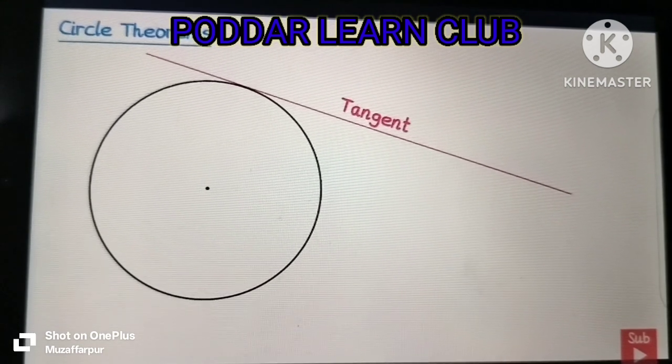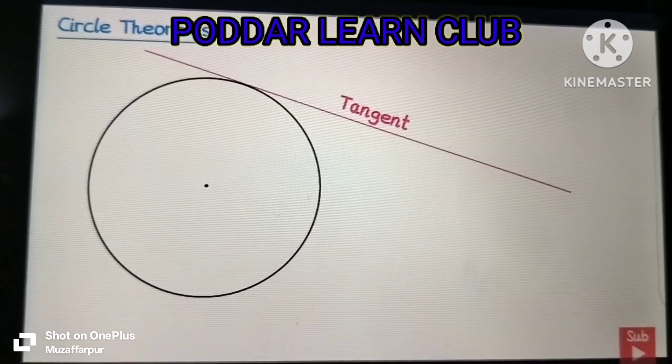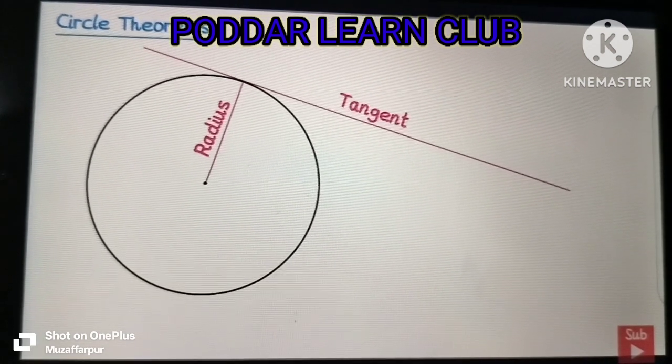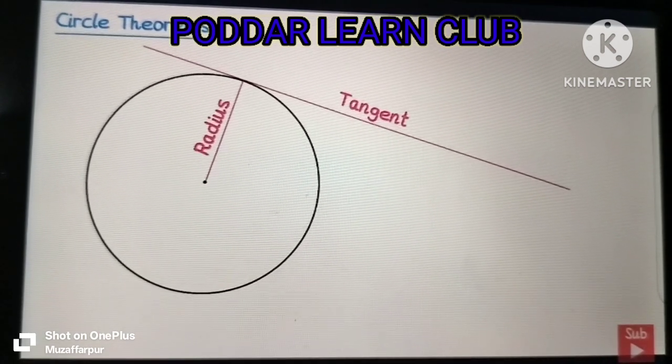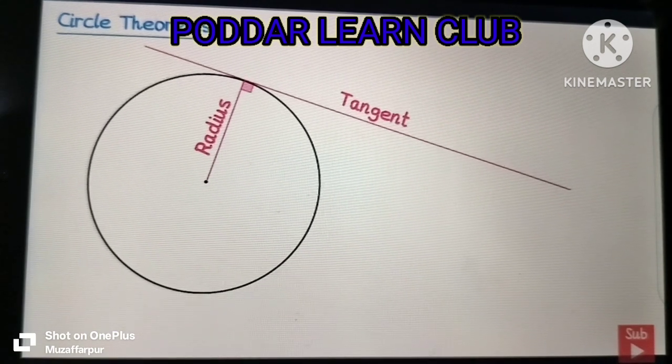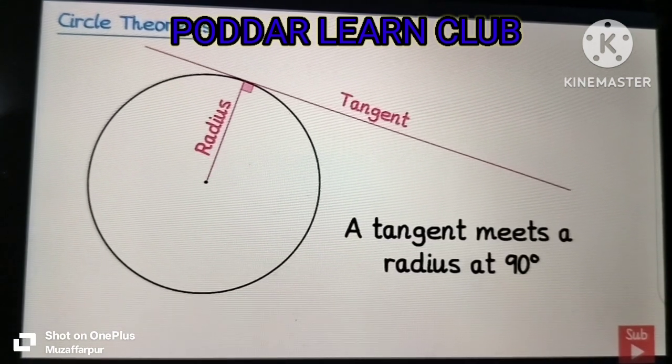Now you consider a tangent to the circle. This line touches the circle at one point, and at the point of contact, if you draw one radius, then this radius will be perpendicular to the tangent.